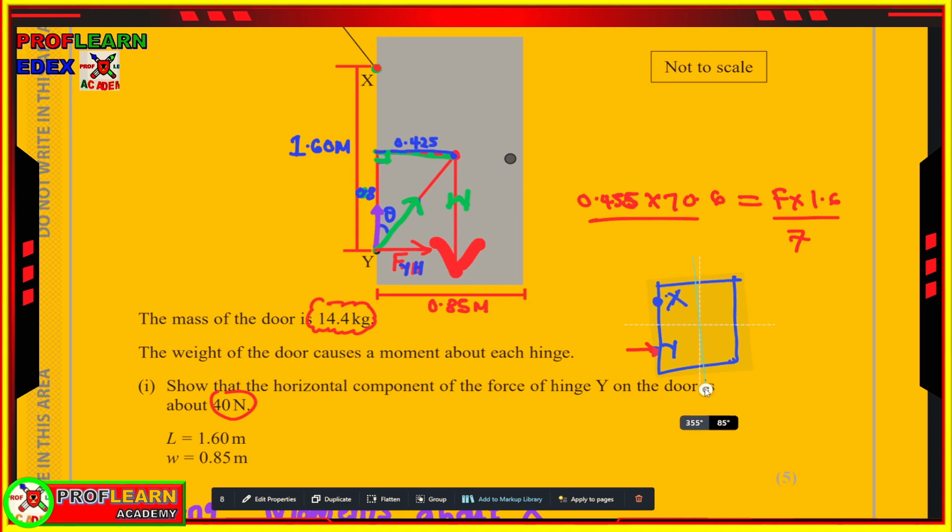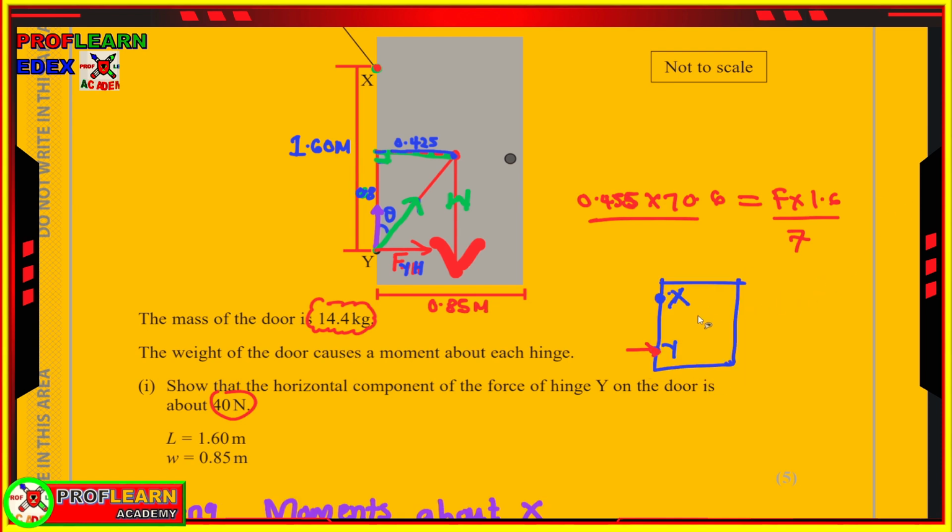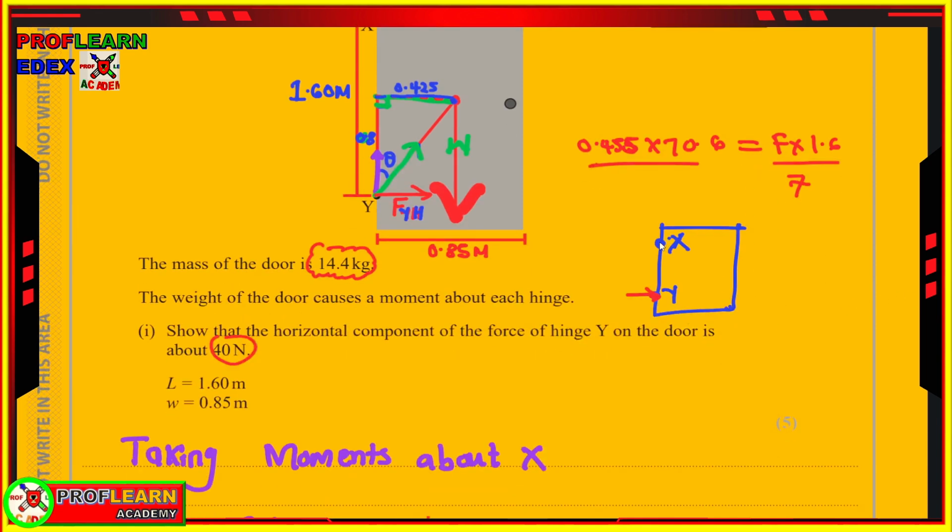So the hinge is protecting it from going in the clockwise direction, which means that we can take our moments about X.